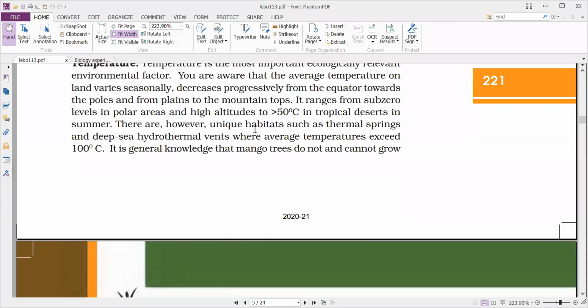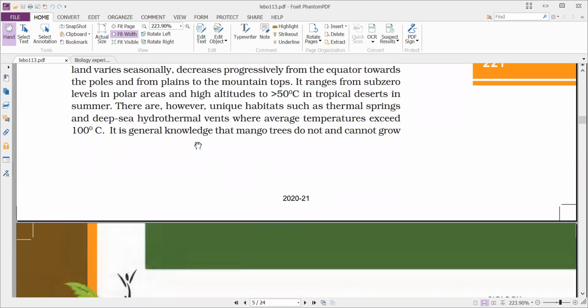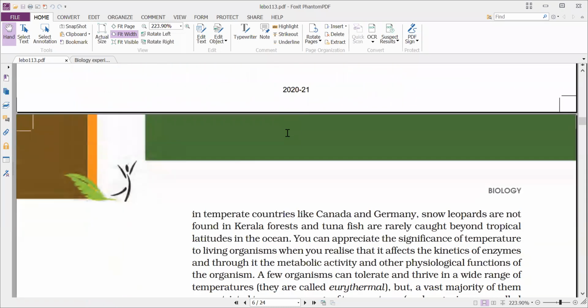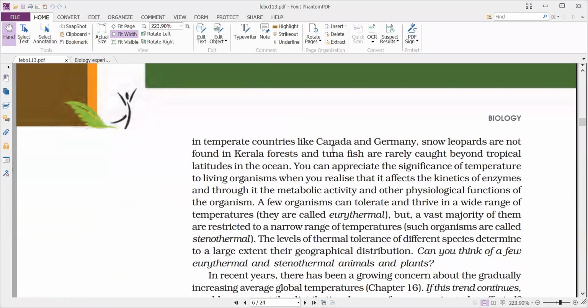There are, however, unique habitats such as thermal springs and deep sea hydrothermal vents where average temperatures exceed 100 degrees centigrade. It is general knowledge that mango trees do not and cannot grow in temperate countries like Canada and Germany.